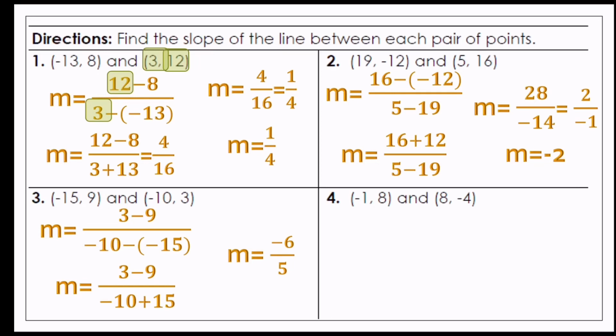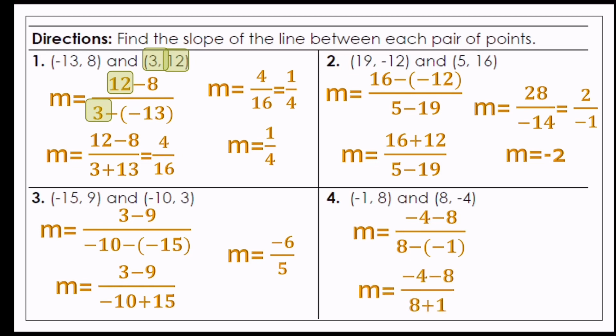Okay, our last one. I have negative 4 minus 8 and 8 minus negative 1. I rewrite it as negative 4 minus 8 divided by 8 plus 1. Negative 4 minus 8 is negative 12 over 9.